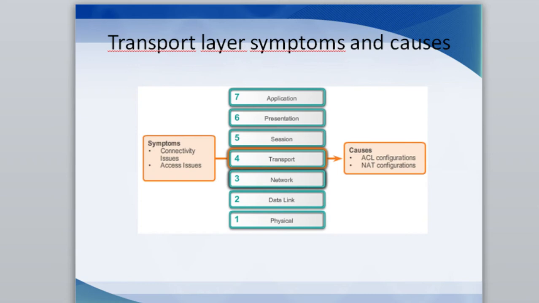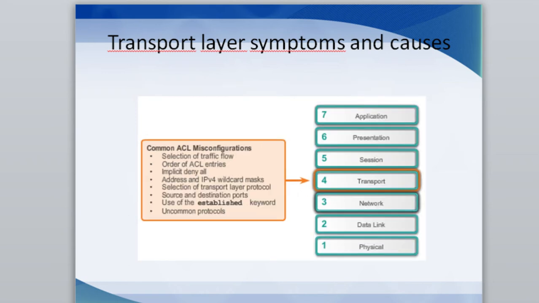These are the most common causes of why your network is having issues on the transport layer. And the most common ACL misconfigurations are that you didn't write the access control list entry correctly.